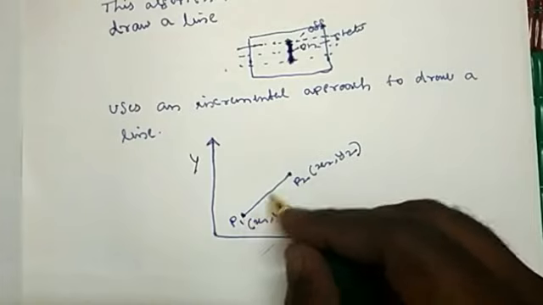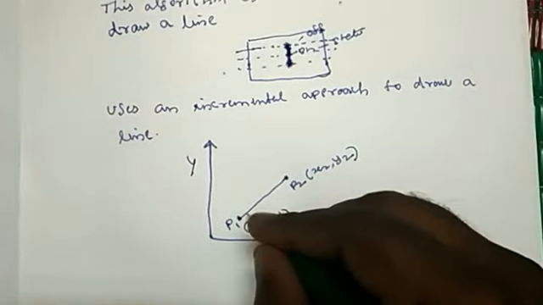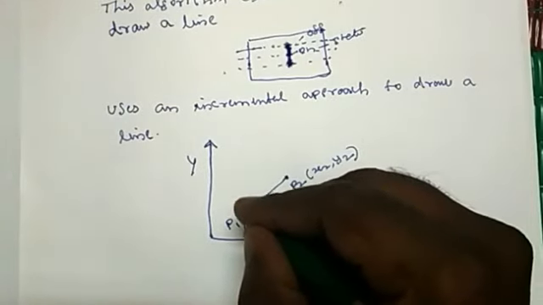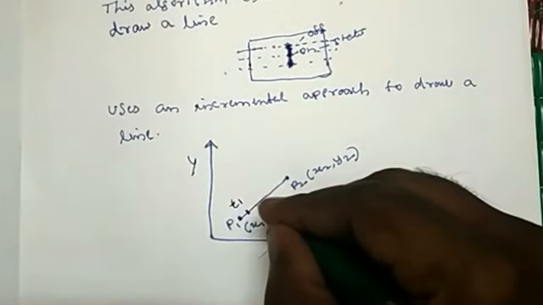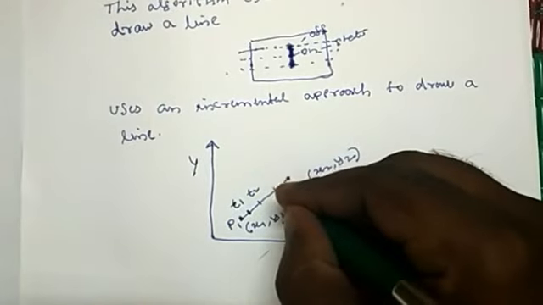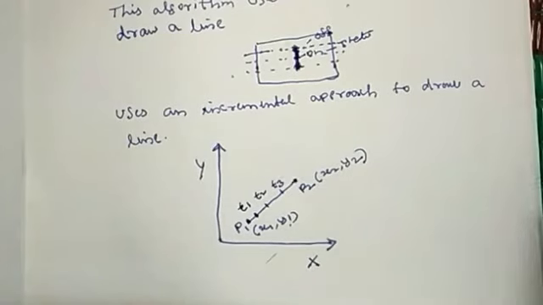From P1 to P2, there are so many points in between. For example, let us assume this is T1, and this is T2 and this is T3. So let us assume there are 3 points in between: T1, T2 and T3.